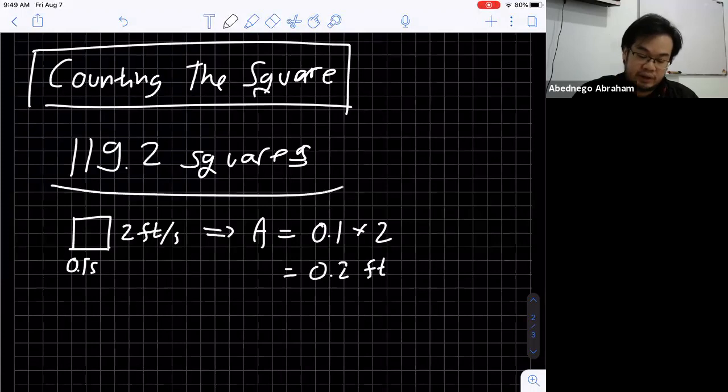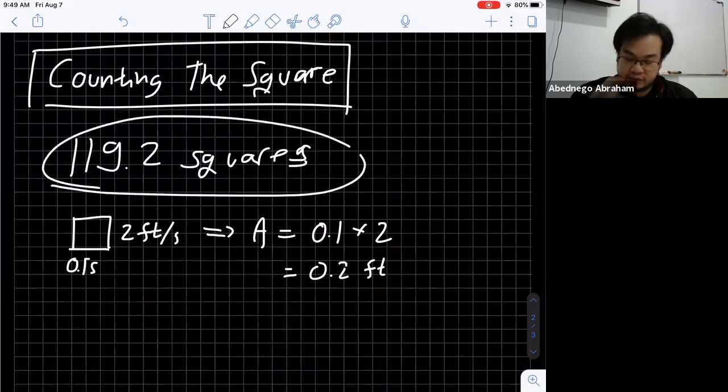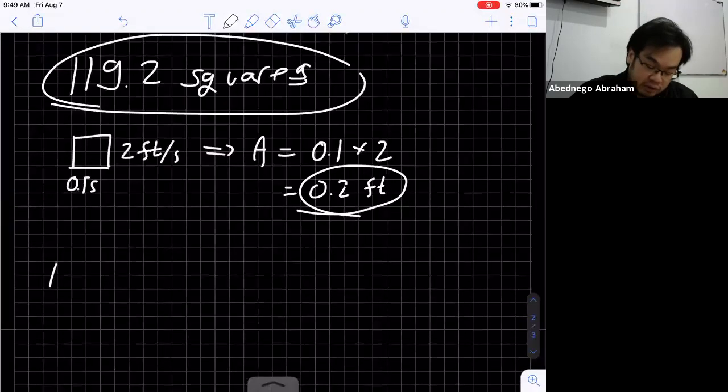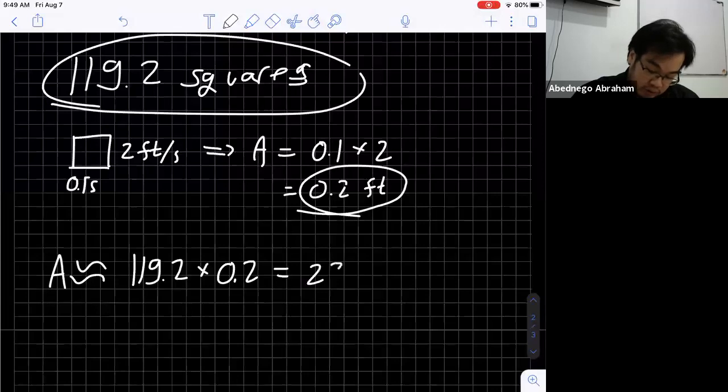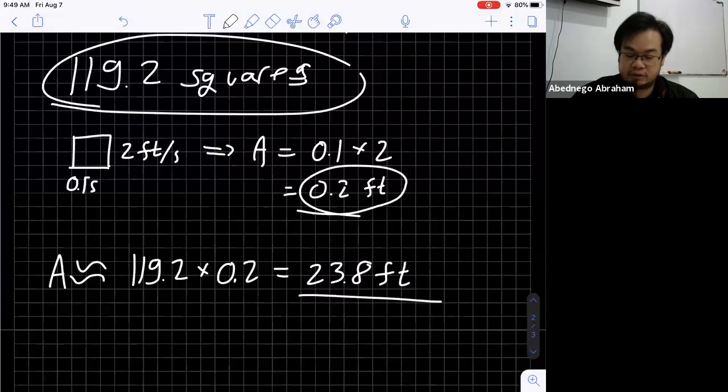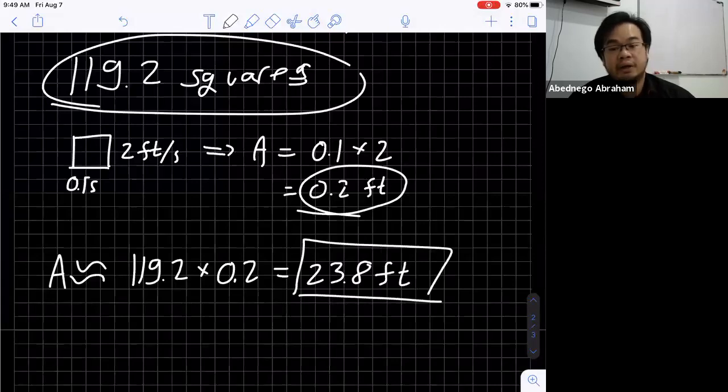So you have 119.2 squares and 1 square represents 0.2 feet. So what's the total area? It is approximately, and remember, it's approximately, 119.2 times 0.2, which is about 23.8 feet. So that's how you do it by counting the squares.